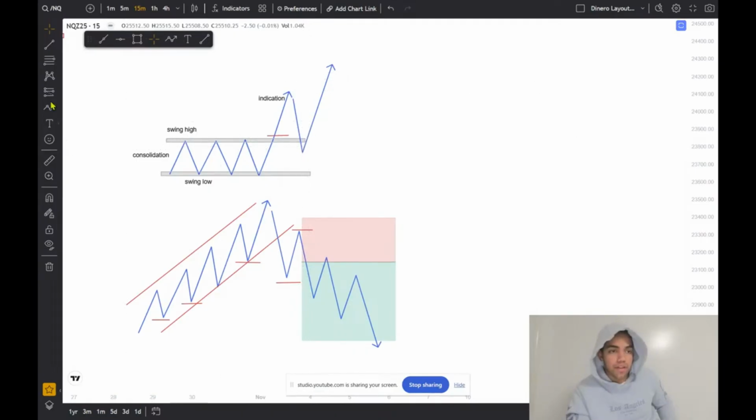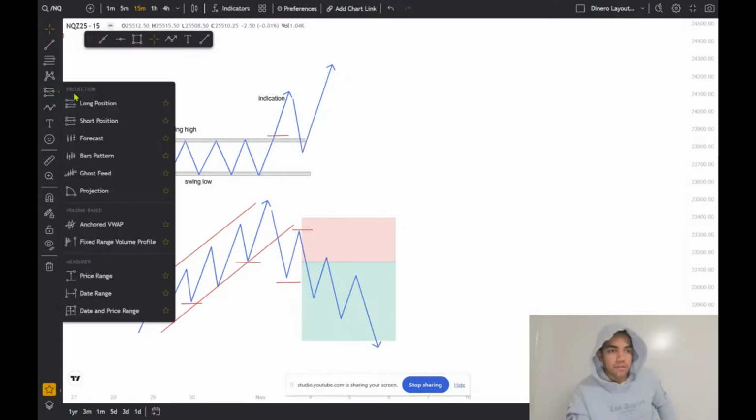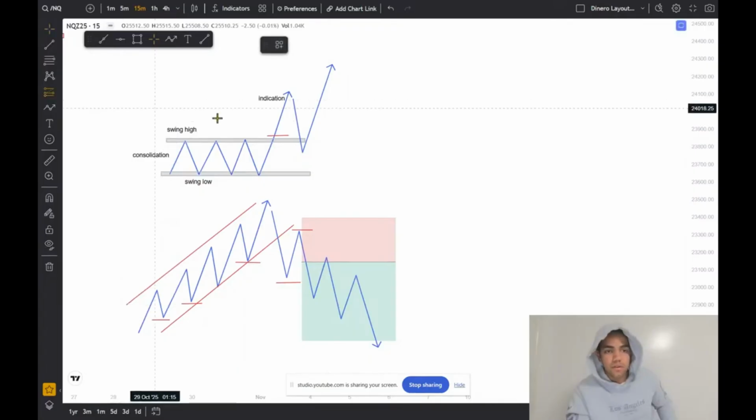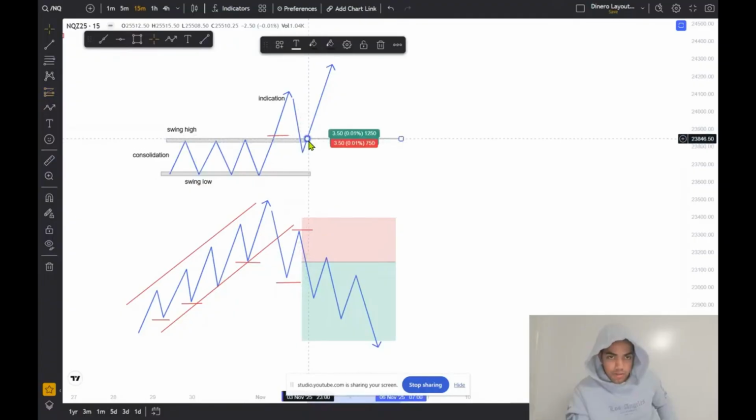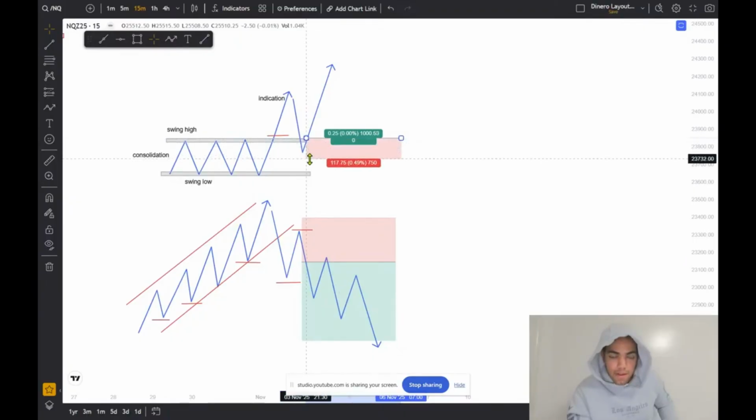Because now it corrected, and then you set your entry right here. And you set your stop loss below.